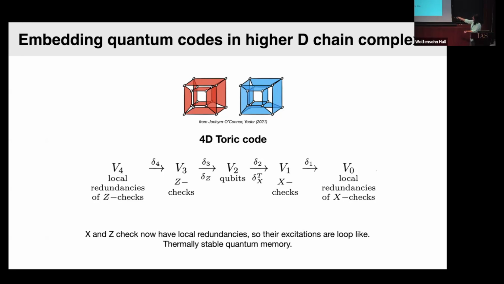But if I take these middle 3 levels and associate them with qubits, Z checks, and X checks, then the presence of these extra levels here will give me local redundancies on the Z checks and local redundancies on the X checks, again from the structure of these maps. And because these have local redundancies, their excitations are going to be loop-like. And that's exactly what gives you thermal stability for the 4D toric code. But if you just had a 3D toric code, then you can make one of those excitations loop-like, but not the other, and then you don't get the thermal stability.